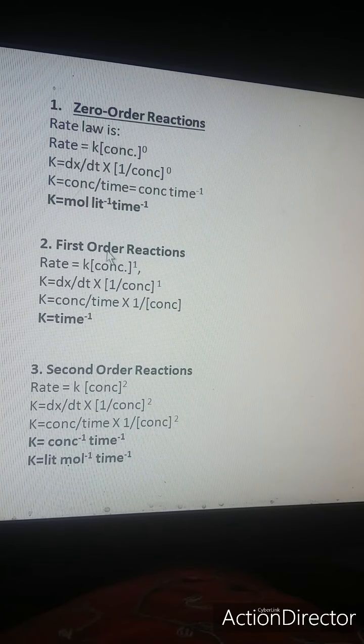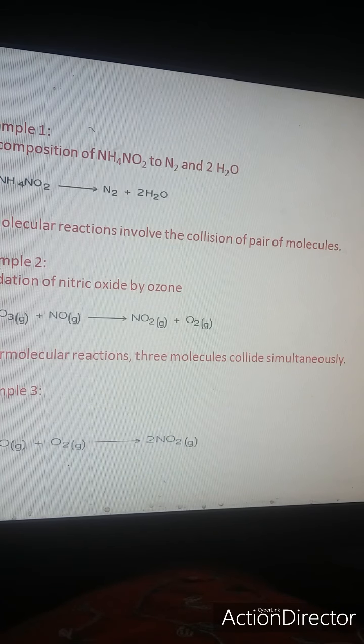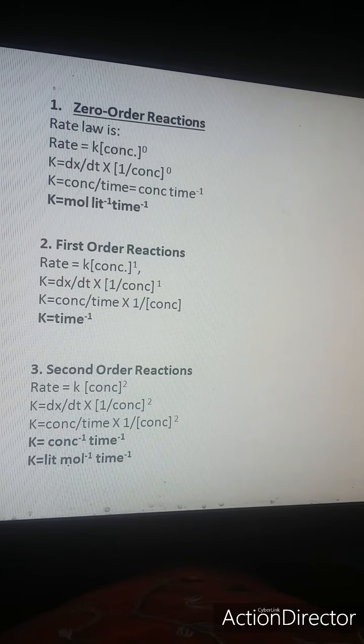Now let us talk about the first order reaction. Rate will be equal to K concentration to the power 1. So K will be equal to dx upon dt into 1 upon concentration to the power 1. So dx upon dt is concentration upon time.